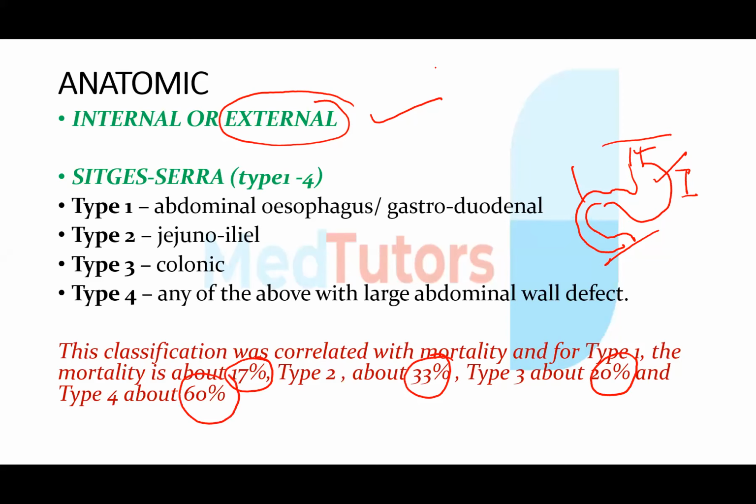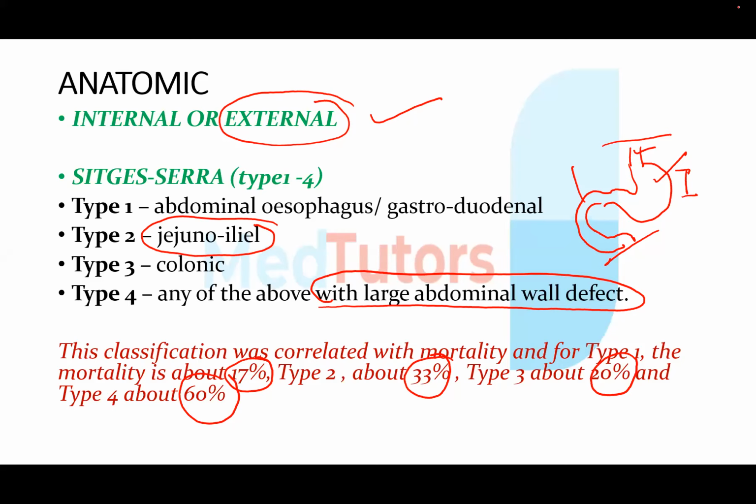Now, the mortality of type 4 is the highest because of the associated large anterior abdominal wall defect. For example, if you have a type 2 that has a very high output, in most cases it is now associated with a large anterior abdominal wall defect, that is a type 4 enterocutaneous fistula.